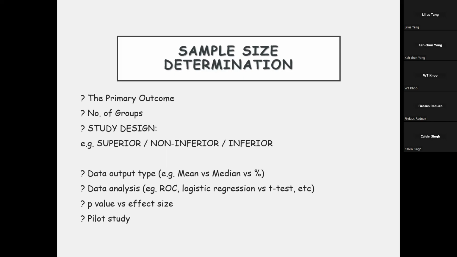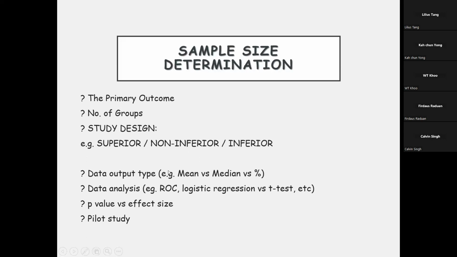It should be somewhat measurable, whether it's a percentage difference, a mean difference, a median difference, whether it's an ROC curve, positive predictive value, the positive pickup rates. So you need to be very clear what is your main outcome and what is the matching measurement of that main outcome, okay?